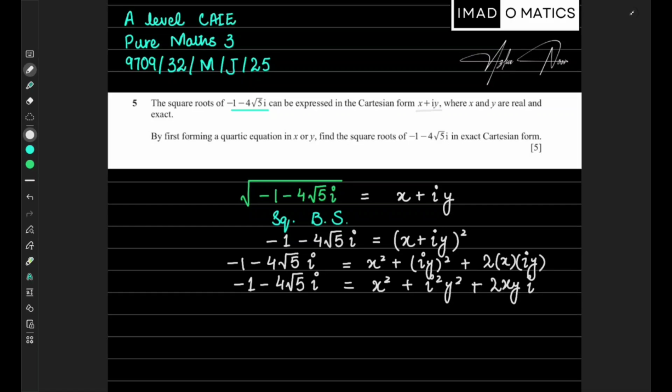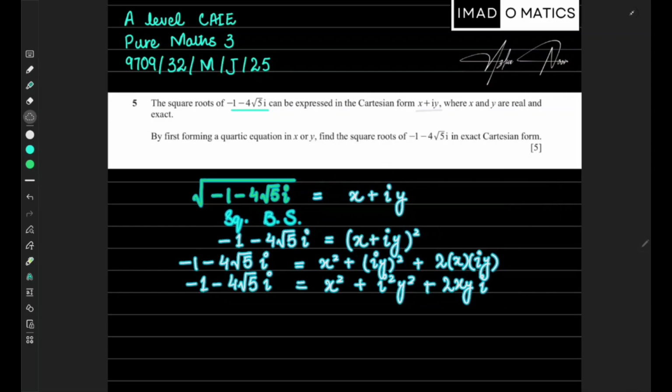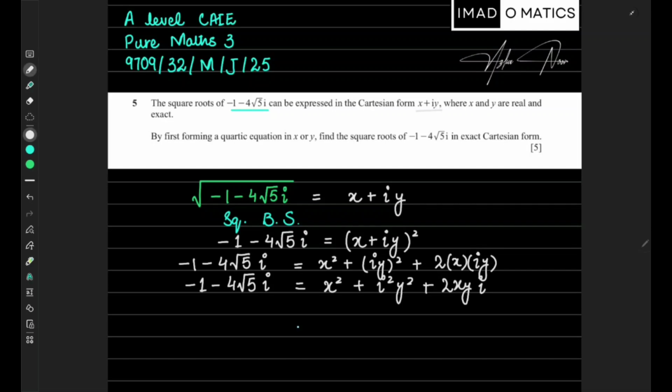Now we just continue to solve this out. We will get x square plus -1 times y square, as iota square is equal to -1, plus 2xy iota equals -1 minus 4 root 5 iota.